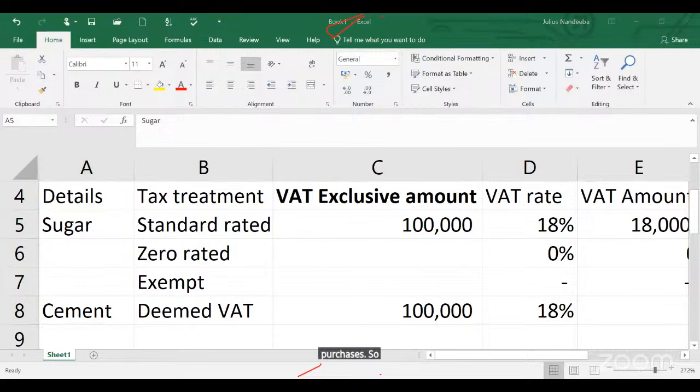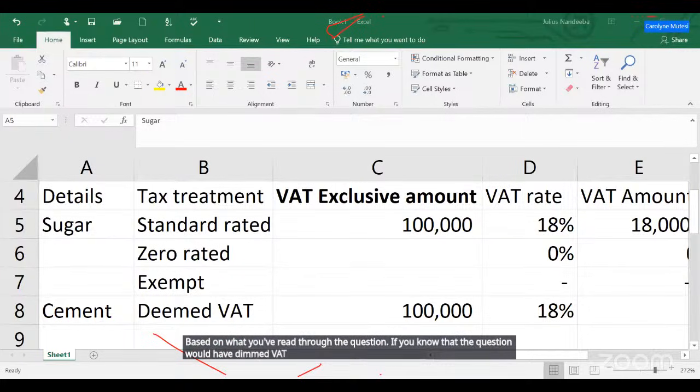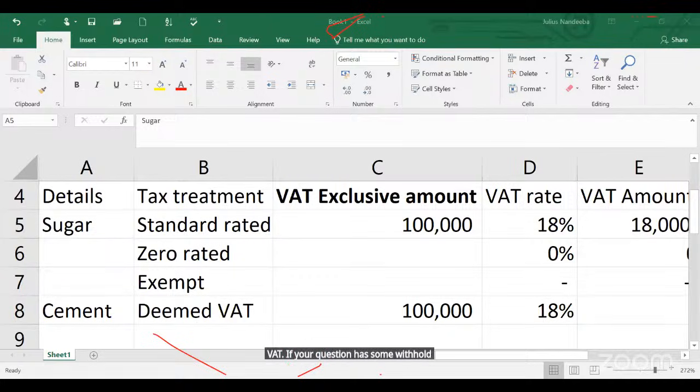So, after understanding the structure of your schedule, because the structure is going to be dictated by what you've read in the question: if the question will have deemed VAT, you have an additional column for deemed VAT. If your question has some withholding VAT, you have another column for withholding VAT. If it doesn't have withholding VAT and also doesn't have deemed VAT, where do you stop? On the VAT amount. So the structure will be dictated by what the question is asking you to do.